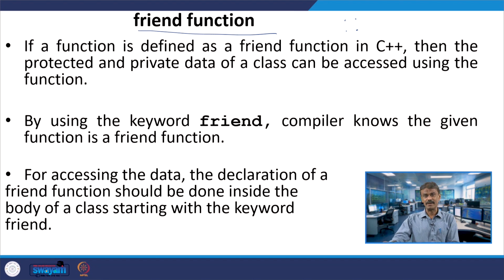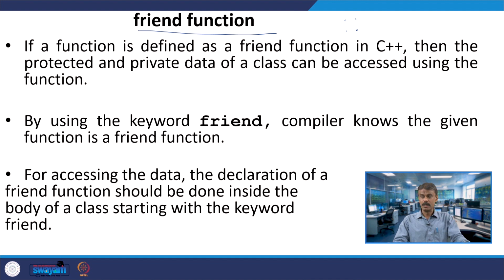In a similar way, if you recall, we had some problem using protected member data and private member data. How can we access them? We had a lot of restrictions when using inheritance, but if you are using a friend function, these protected and private member data of a class can be accessed. That you define as a friend function.